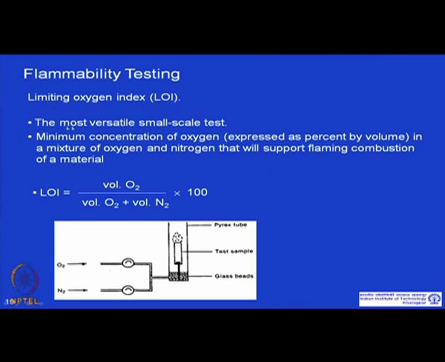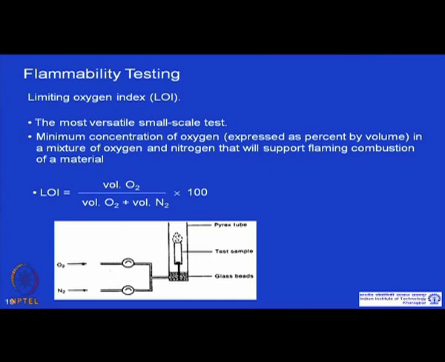It is the most versatile small scale test. It is defined as the minimum concentration of oxygen, expressed as volume percentage, in a mixture of oxygen and nitrogen that is sufficient to support flaming combustion of a material.